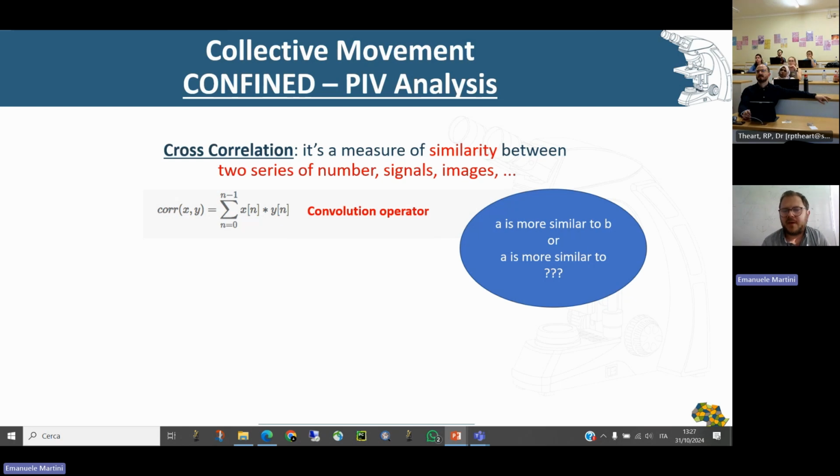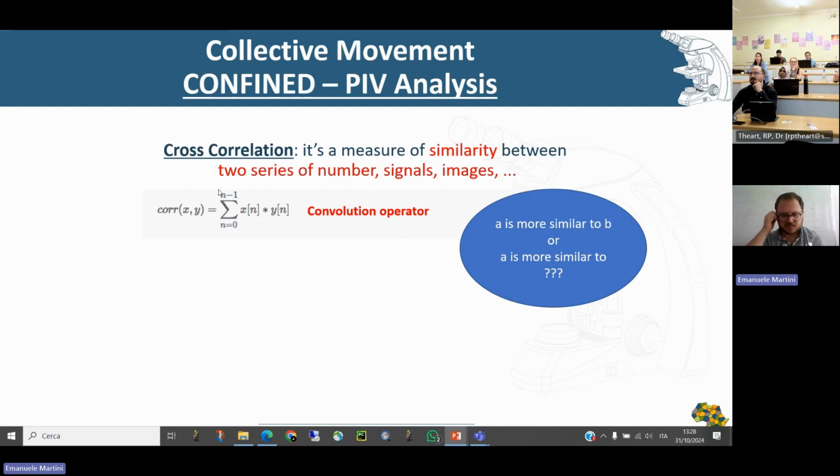So one very used generic measurement of similarity, not only in biology but generally in mathematics, in signal analysis, in physics, is the cross correlation. Okay, so you can apply this cross correlation to everything you want to compare the similarity of. So you can go for 2 series of numbers, signals, images.